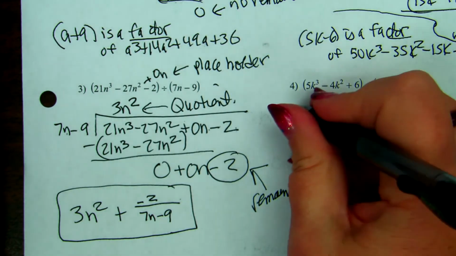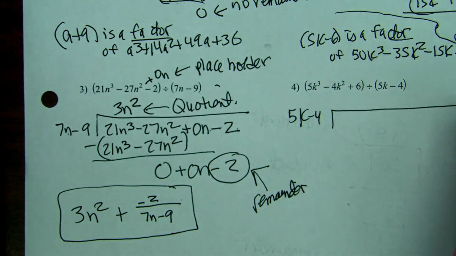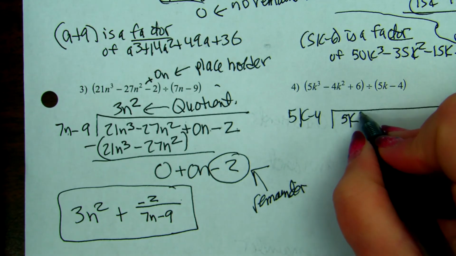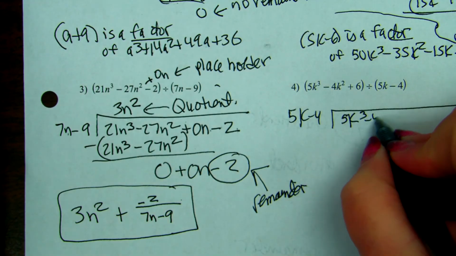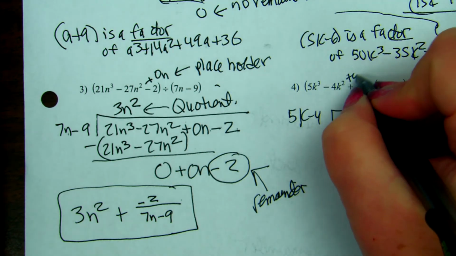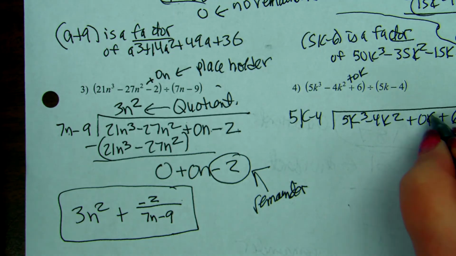So this one, 5k minus 4 goes into, let's see if there's any placeholders, 5k cubed minus 4k squared plus 0k. It's just like the other one, plus 0k plus 6.